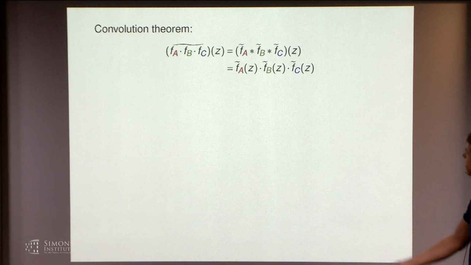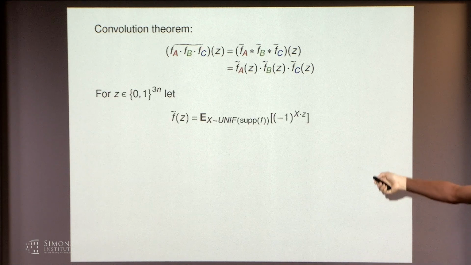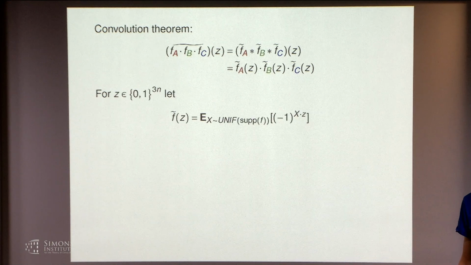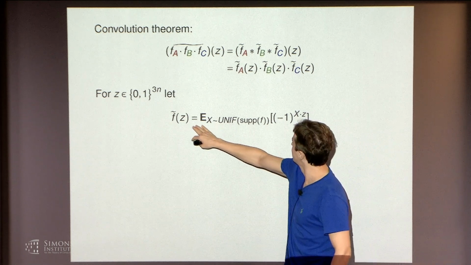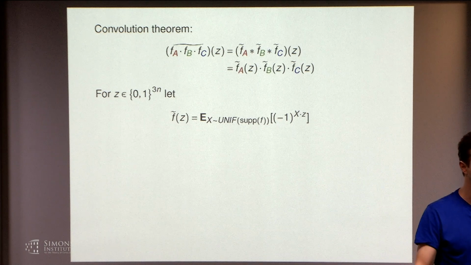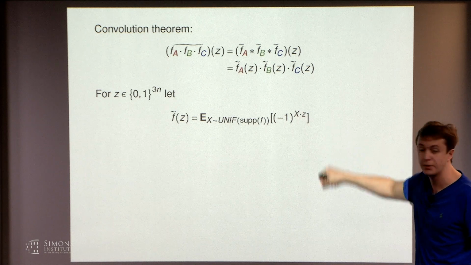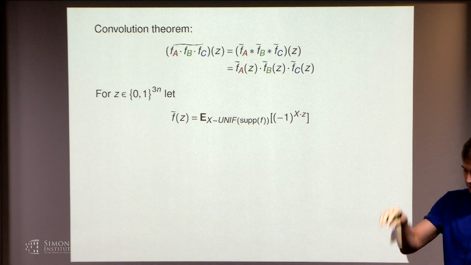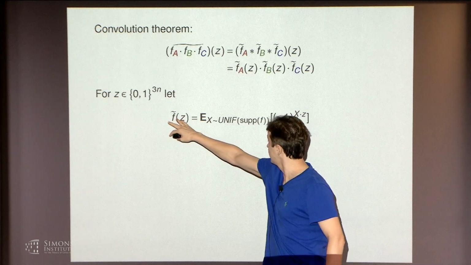We note that, by the way, here it is more convenient to work with a certain normalized Fourier coefficient, where basically the usual Fourier coefficient is defined as follows. We take the expectation over x in the whole binary cube of -1 to the x dot the parity that we're interested in, times the indicator of the set f.